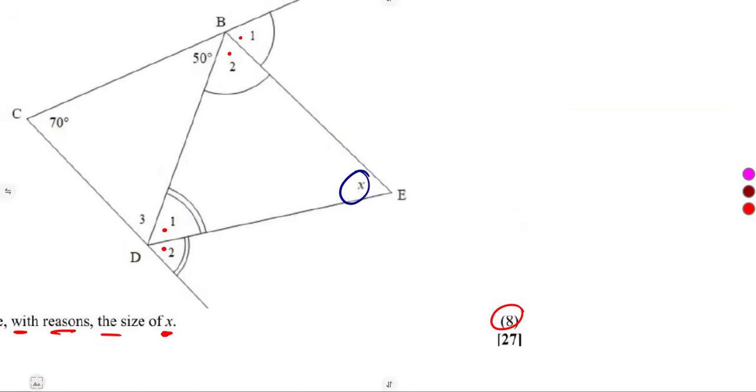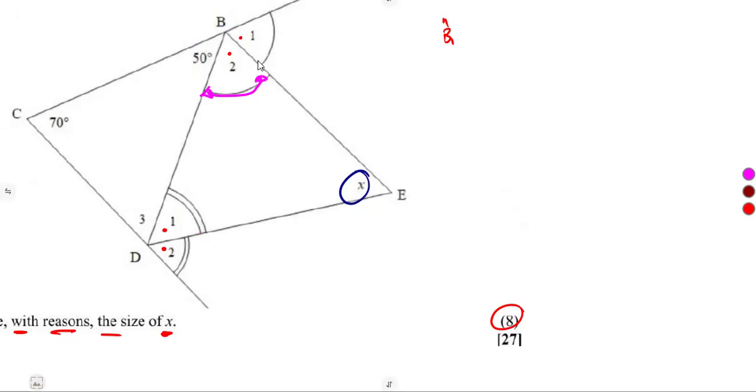So we must use every knowledge that we have to find the angles inside the triangle, angle B2 and angle D1. How is that so? Let's try to fill in the triangle at least, all right? Let's start with the B2 because there's something about B1 and B2 there. Remember, we are given that B1 is equal to B2.